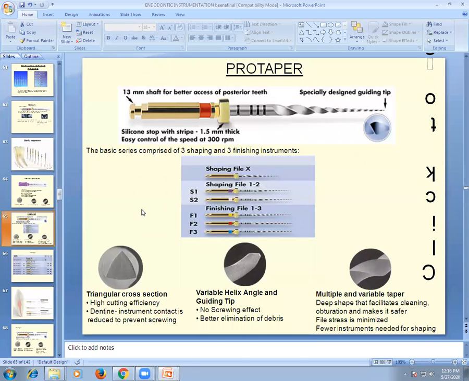The cross section of the ProTaper is triangular, which has high cutting efficiency. You can see from the picture all the 3 corners are sharp, which gives a very high cutting efficiency. Then the variable helix angle and the guiding tip.